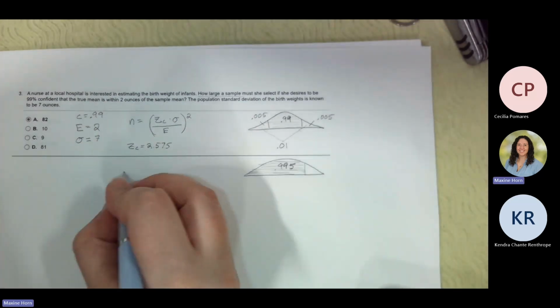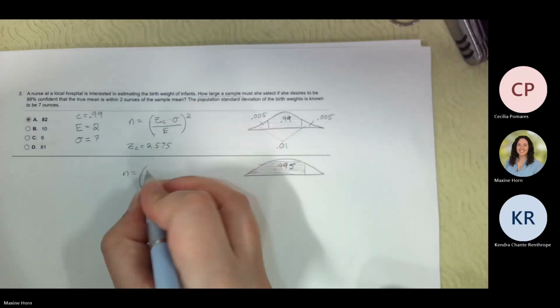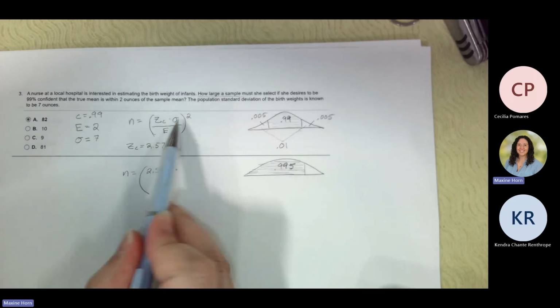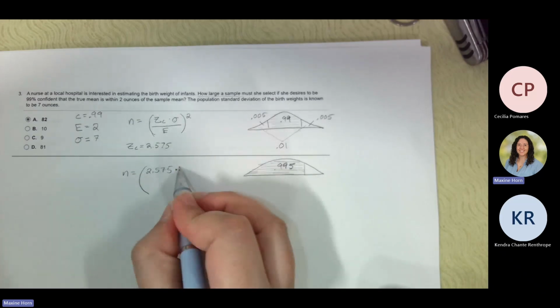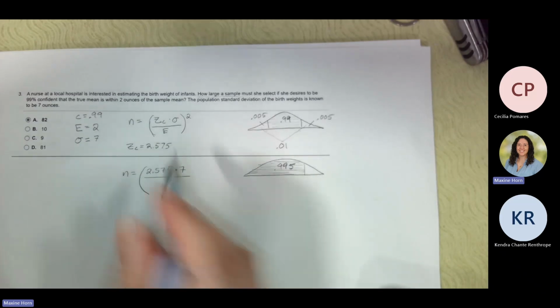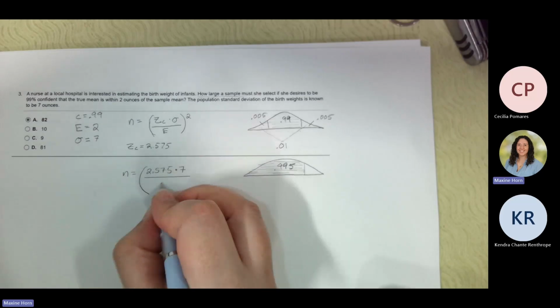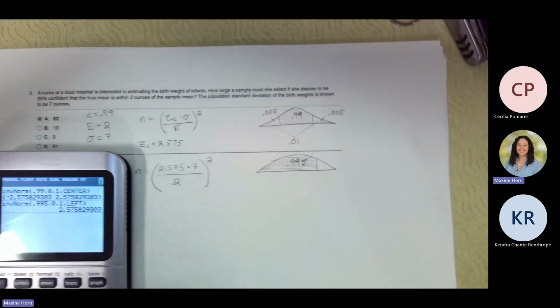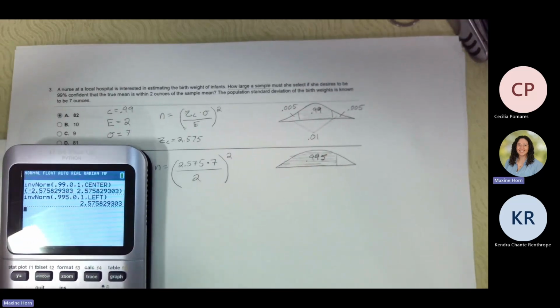All right, so we have n is equal to 2.575 times our population standard deviation, which is 7, over our margin of error, which is 2. We're taking all that and we're squaring it. When I plug this into the calculator, I want to make sure that I'm being careful with order of operations.